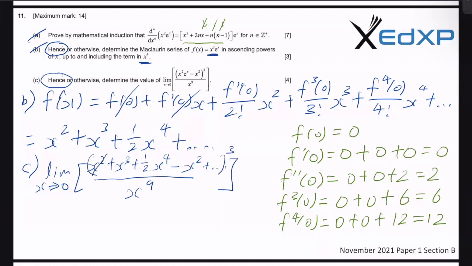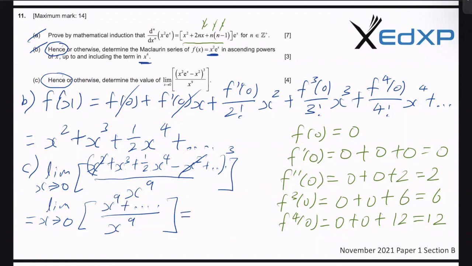So the x squared terms cancel out. We can see over here that in the limit when x goes to 0, and this is in the numerator we have a cube, which means that we have x^9 plus dot dot dot, and every other term subsequently is going to be of a higher power. So take note of that. Divide by x^9.